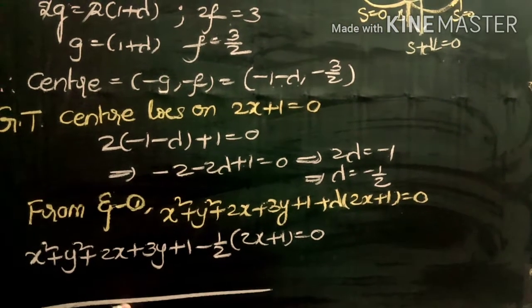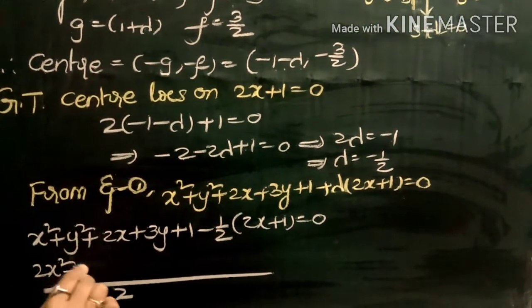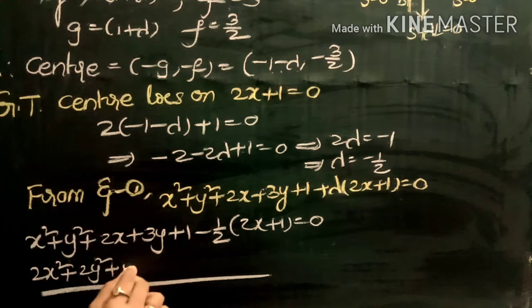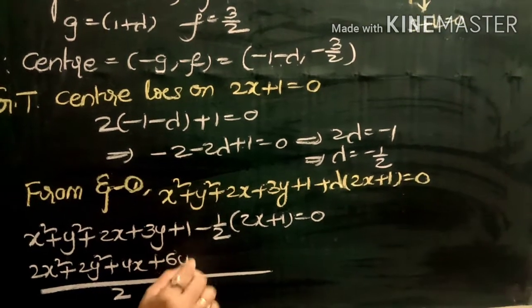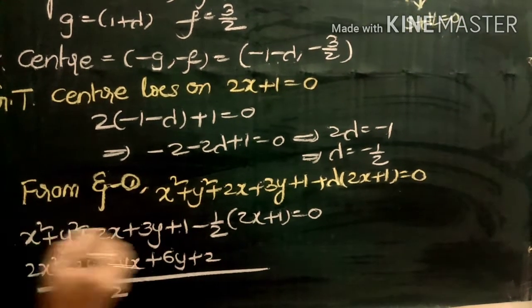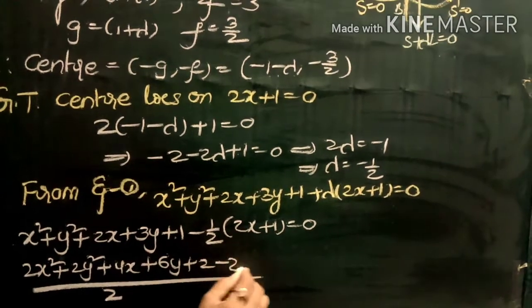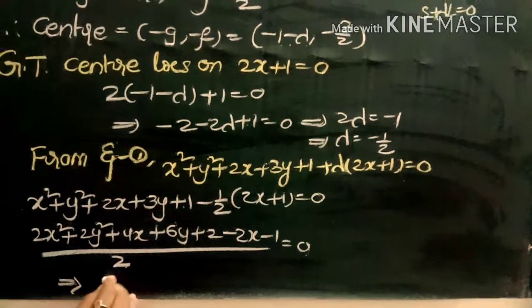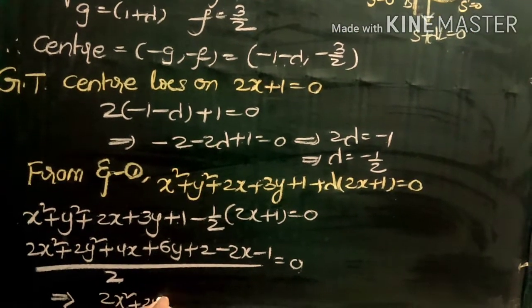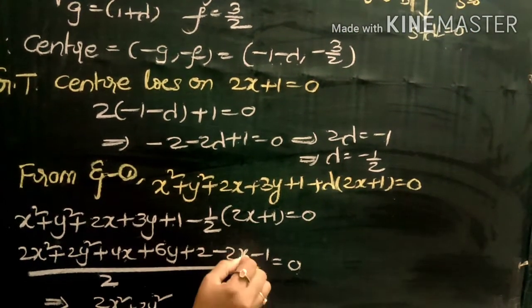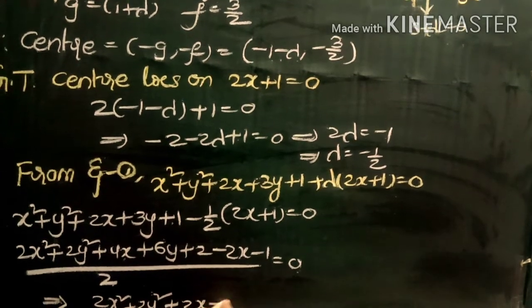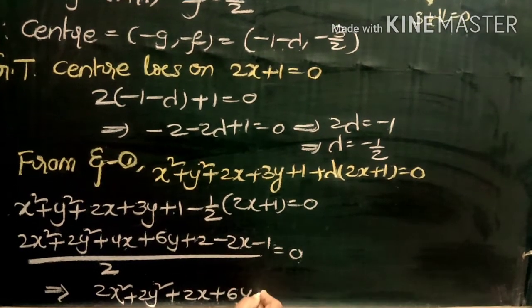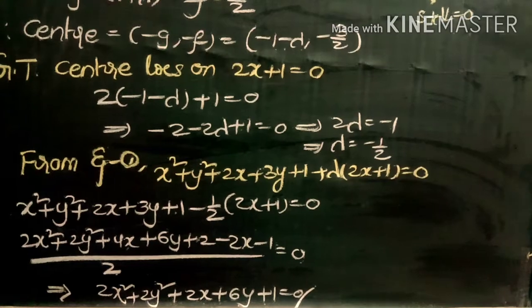Now taking 2 as LCM, multiplying all these values by 2: 2x square plus 2y square plus 4x plus 6y plus 2, minus 2x minus 1 equal to 0. Therefore the answer is 2x square plus 2y square plus 2x plus 6y plus 1 equal to 0. That's all. This is the required answer.